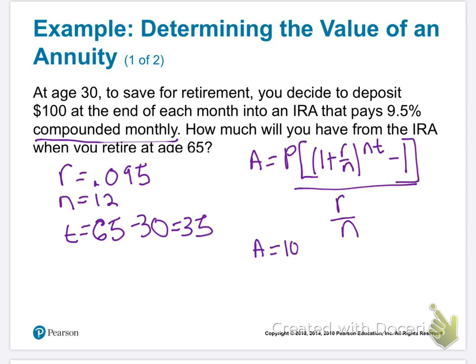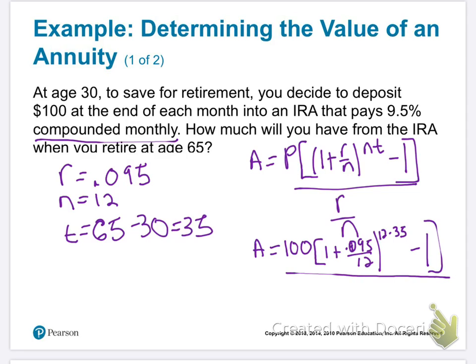We have our principal of 100, 1 plus 0.095 all over 12, to the 12 times 35 years, minus 1, all over my rate of 0.095 divided by 12. Again, put this into your calculator. And if you were able to find one with this percentage rate, you'd end up with $333,946. Which is, I don't know for retirement if that's a lot, but at least it's something.